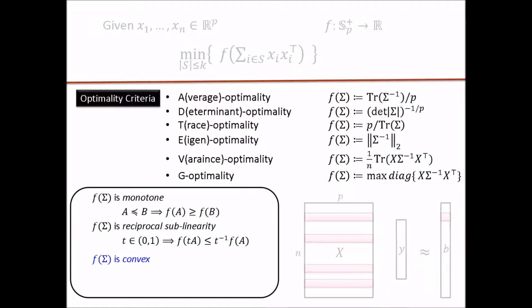The last assumption I want to make in this talk on this function f is that it's convex. It turns out, at least for 5 out of the 6 optimality criteria, in particular A, T, E, V, G, except D optimality, one can verify that this function is convex over the set of PSD matrices.